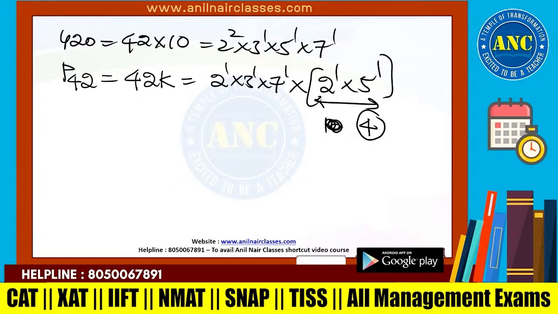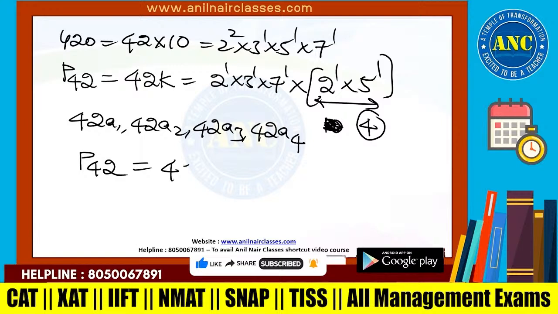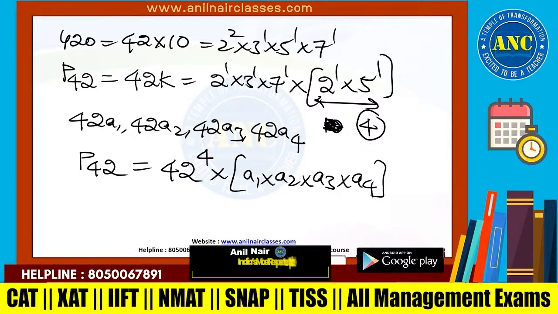If 4 factors are there, what will those 4 factors be? 42a1, 42a2, 42a3 and 42a4. What is the product of the factors which are multiples of 42? 42 four times into a1 into a2 into a3 into a4, which is 42 power 4.